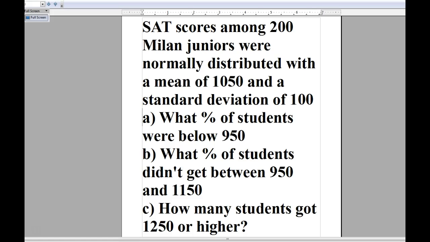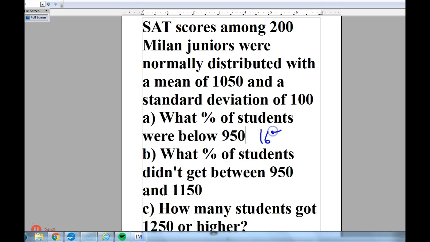All right, so what percent of students are below 950? 16. Well, in this situation, the mean is 1050. So 950 is there, and if I add up those three down below, that is 16%. Basically what percent are not between here and here.